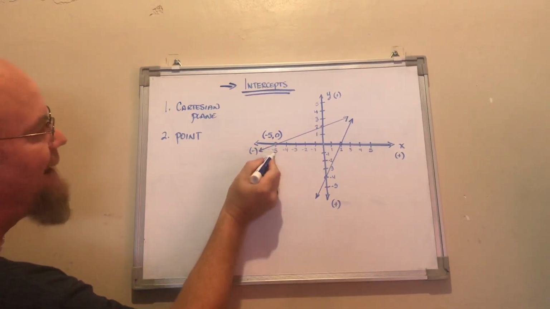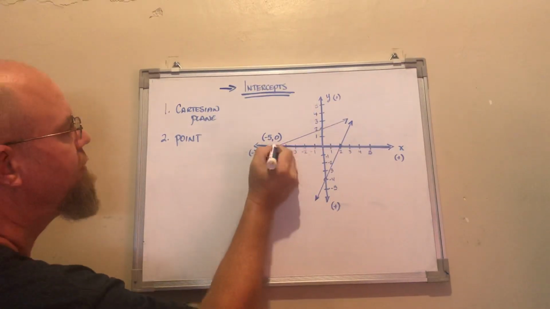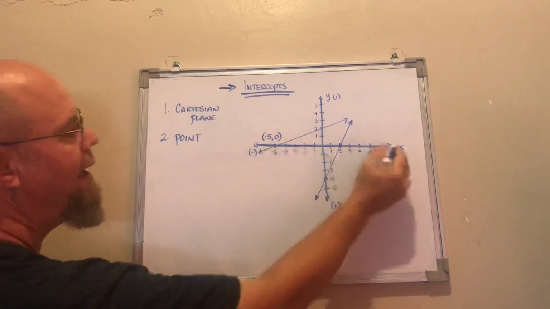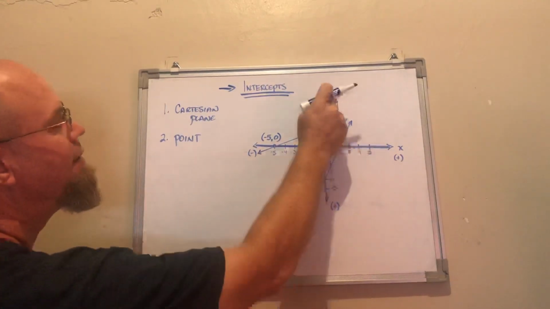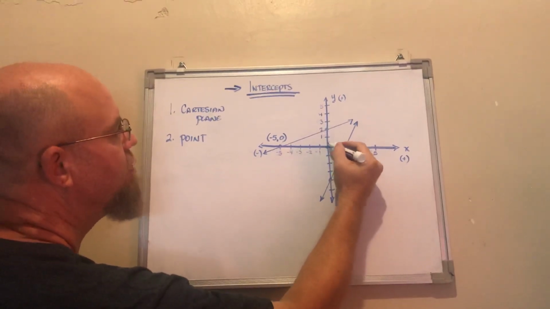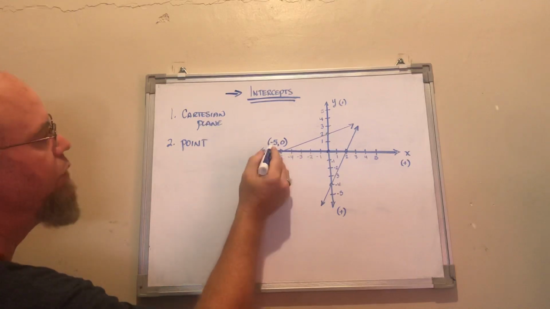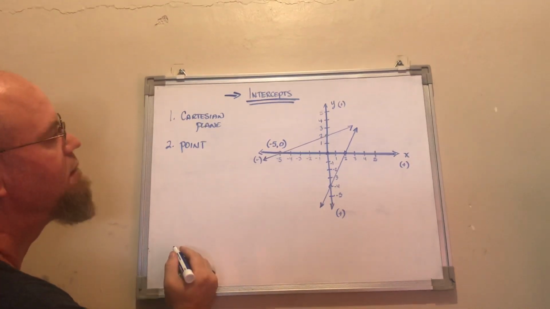We always take the x value first, and then we put the y value. If this is on the x-axis, then the value of y is going to be 0, because that is the origin, which is 0, 0. The value of x is -5, so we write it as -5, 0.